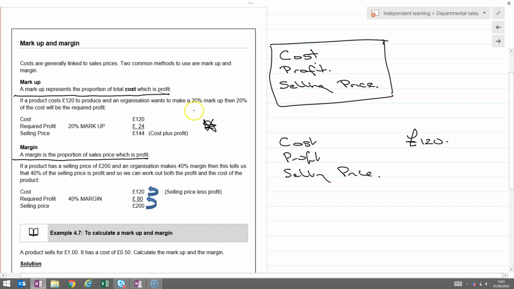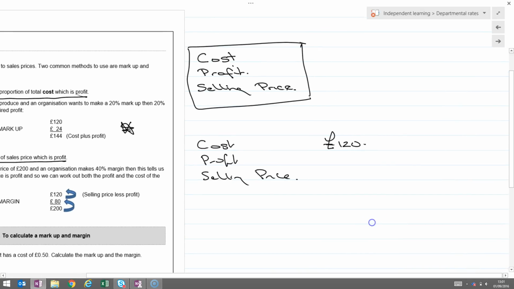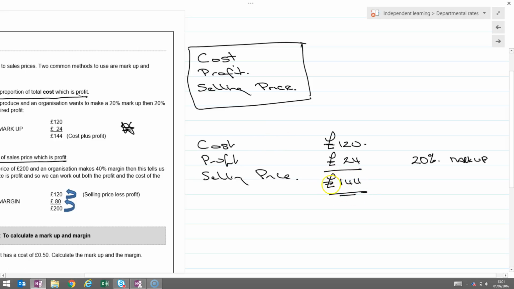An organisation wants to make a 20% markup, so the profit is 20%, but it's a markup, so that's 20% of cost. So 20% of £120, so that means we must be selling it for £144, what it cost plus the profit we want to make.